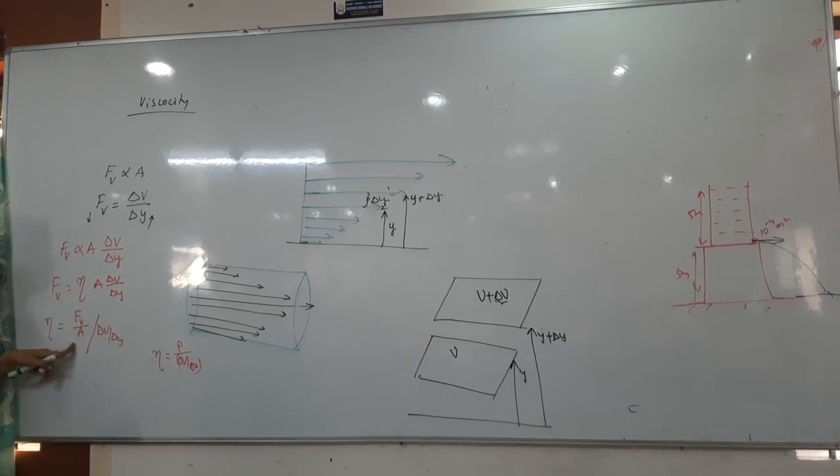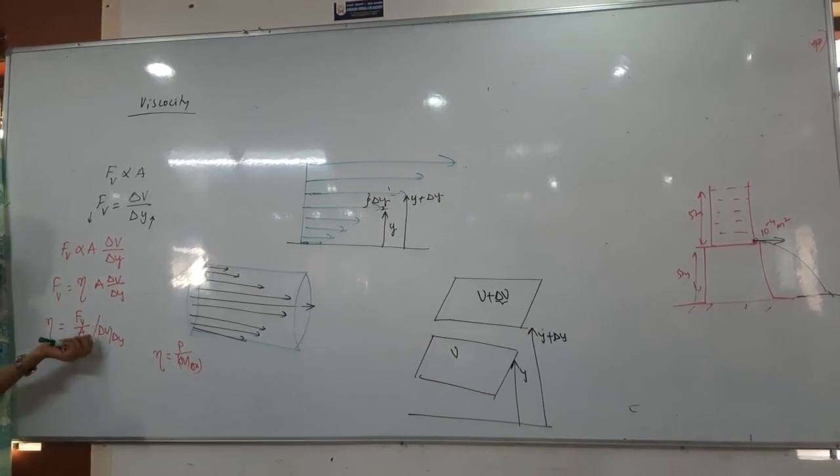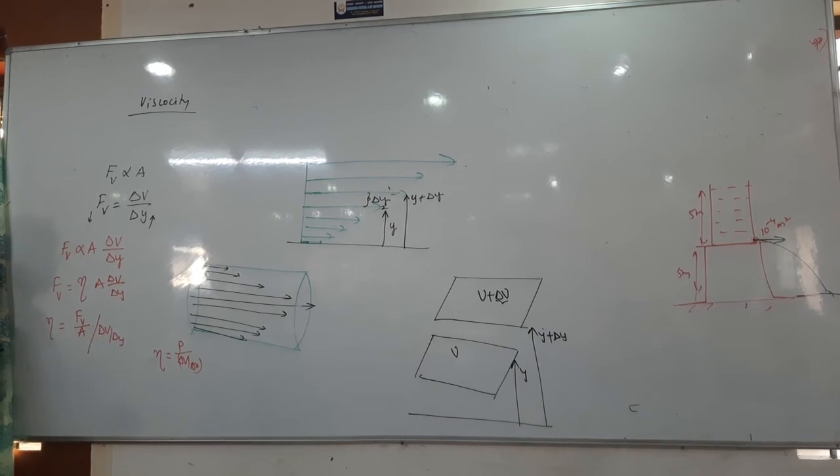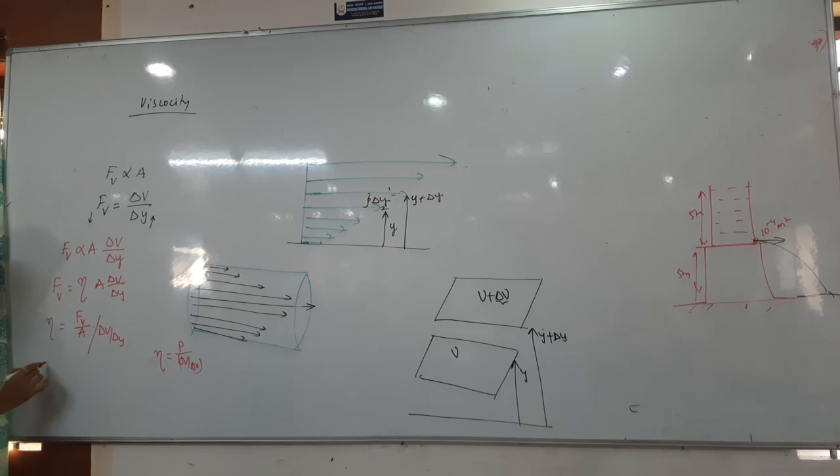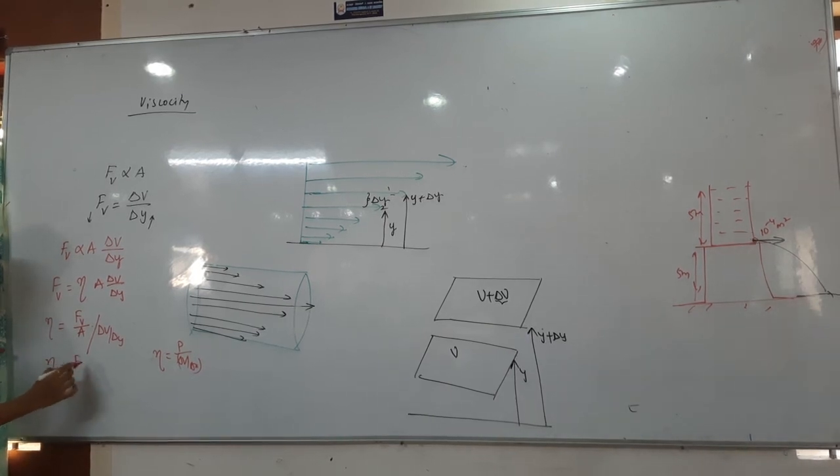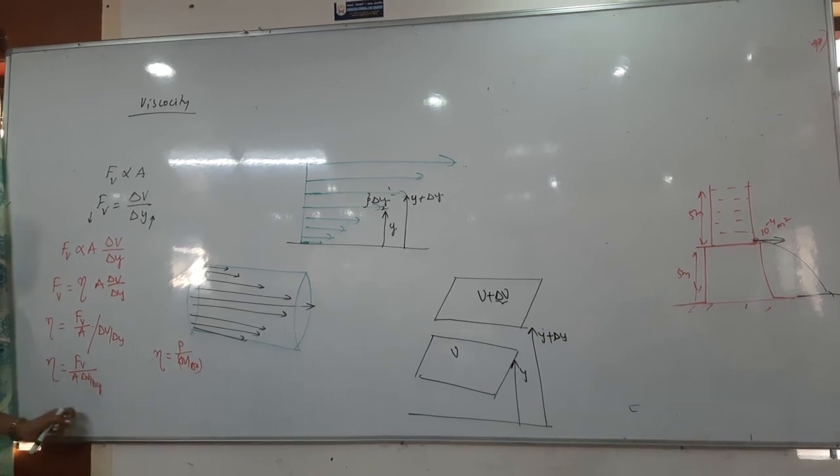Force by area is nothing but pressure, and velocity by distance is the velocity gradient. That is the coefficient of viscosity. So eta equals Fv by A into delta V by delta Y.